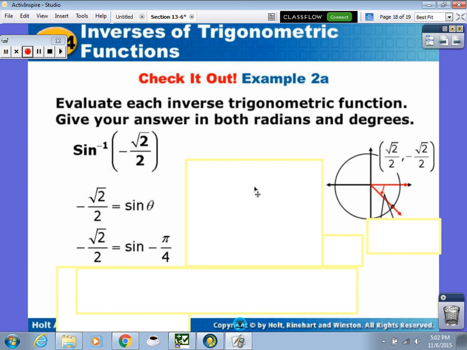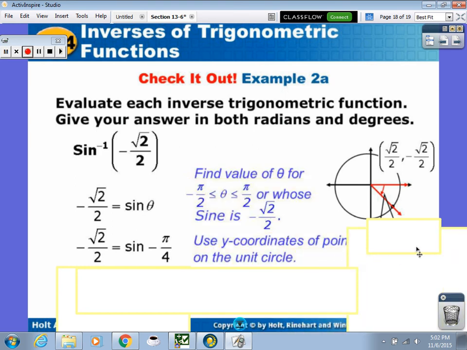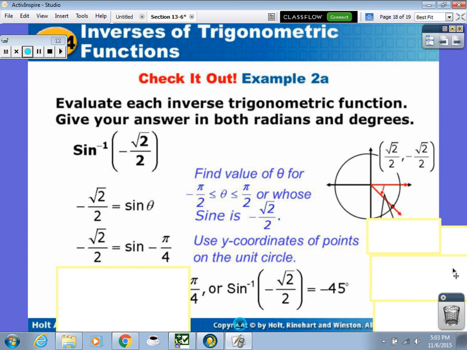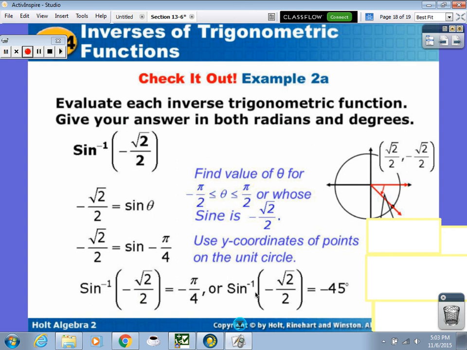So on the right hand side of the y-axis, we know that sine is negative in the fourth quadrant, so our angle is going to be on the bottom side here, and that angle can be done as a negative angle or as a full rotation, but we're mostly looking at that negative angle here, where it's negative pi over 4. Because we want this between negative pi over 2 and pi over 2, we're going to use our negative pi over 4 angle for this inverse sine of negative root 2 over 2.